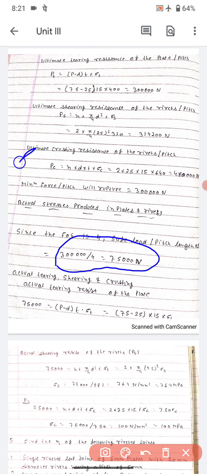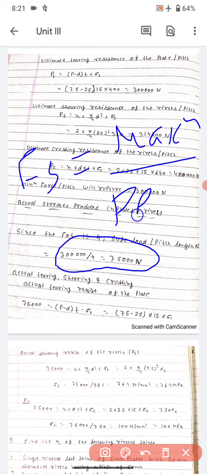As we know, factor of safety is equal to maximum load upon permissible load. So factor of safety 4, the maximum value is 3 lakh Newton. Okay, we have already seen this in the video lecture, a special video lecture on the factor of safety.